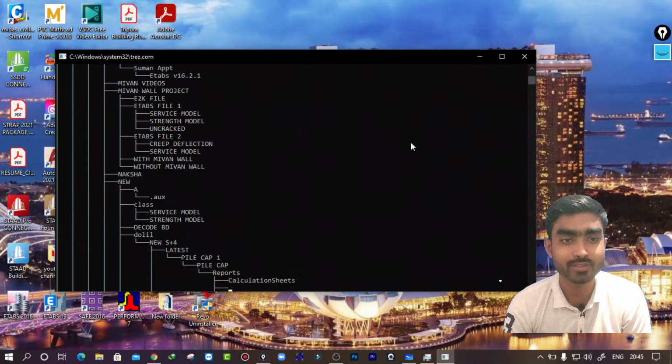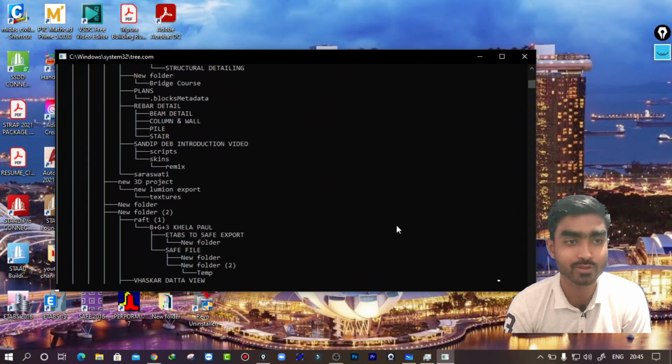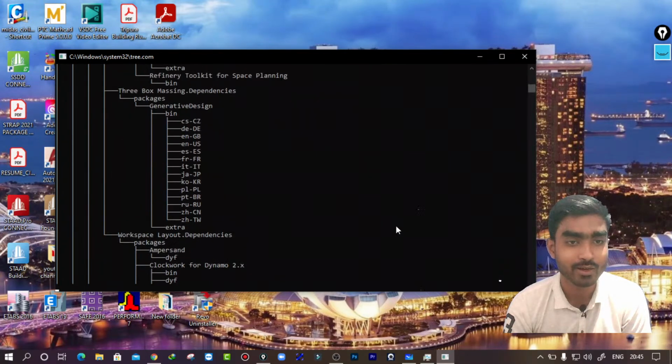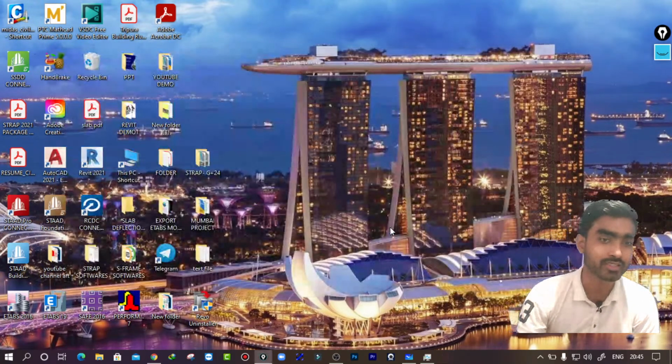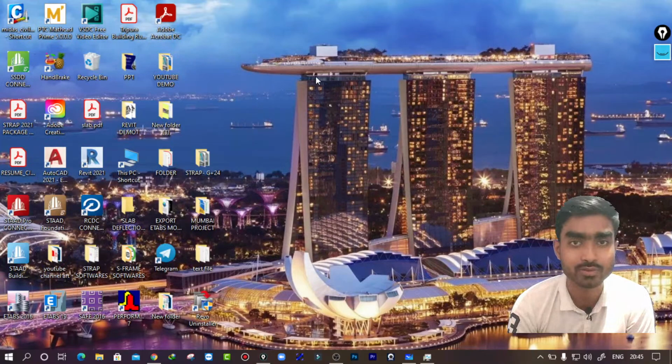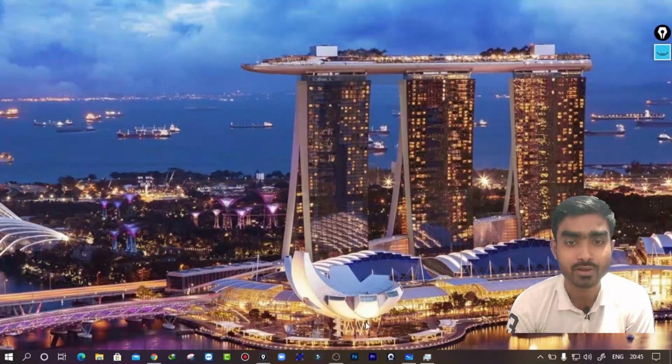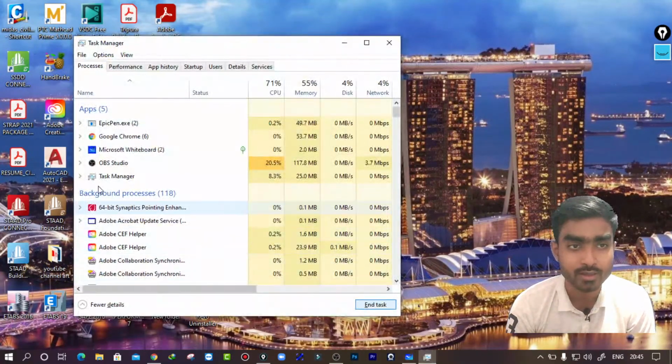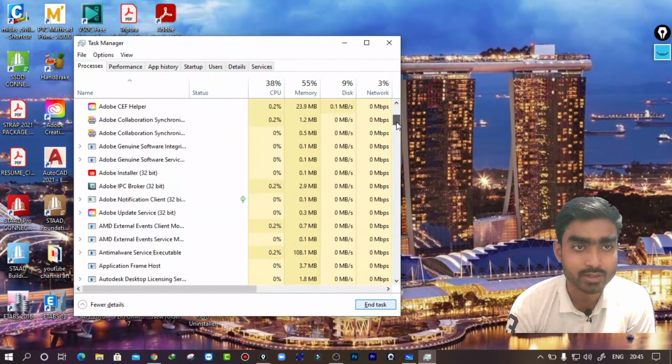I do not have the E2K file also. Otherwise, I could have opened this file in the ETABS 2016 version. I have the 16. Just let me check the issue. A service is running somewhere.